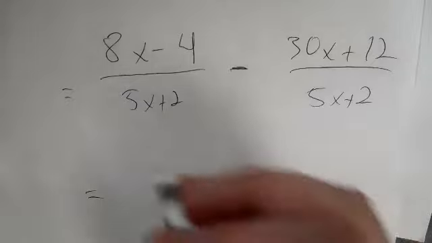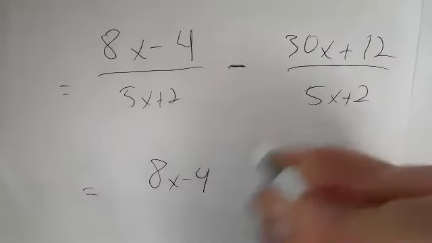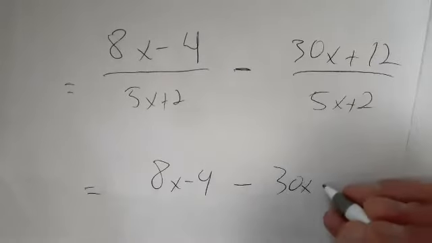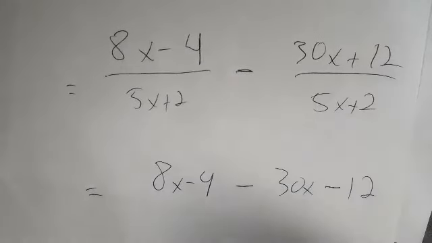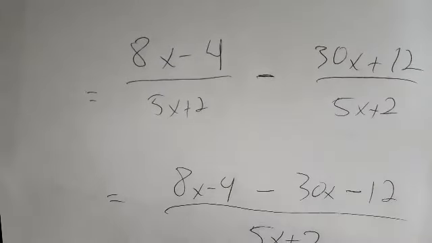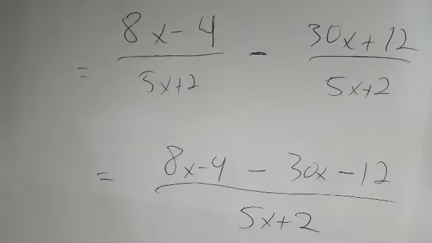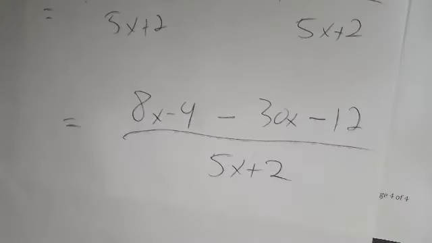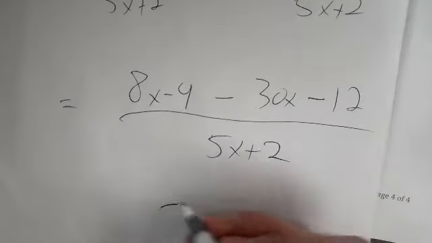And so I do something like 8x minus 4. I'm going to subtract 30x, and I'm going to subtract 12. So you do have to do some distribution here. I'm going to go ahead and do it in this step. 8x minus 30x is going to give you what?